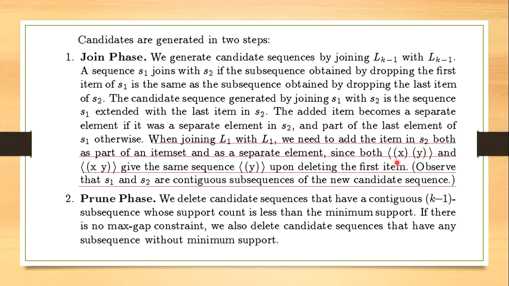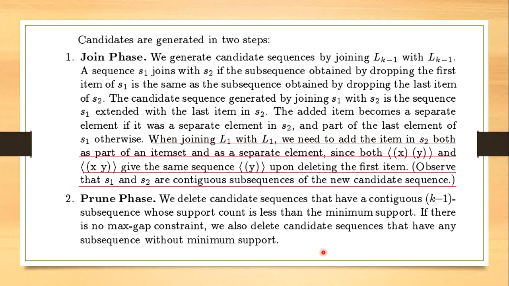When combining these 2 sequences to form a 2 length sequence, we combine in 2 ways. One is X present in one transaction and Y present in another transaction. The other is X and Y present in the same transaction. These 2 combinations are obtained for the generation of C2, that is, when combining L1 with L1, we get 2 combinations for a single join.